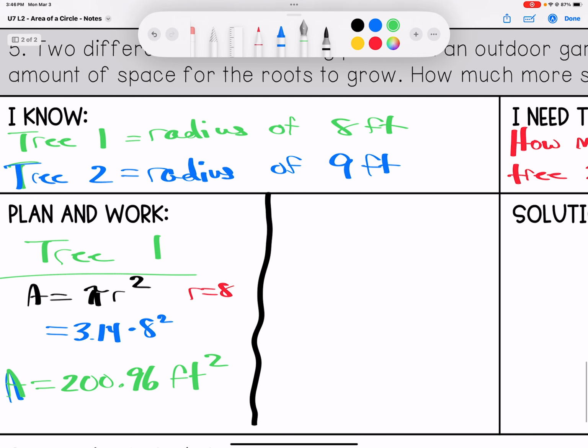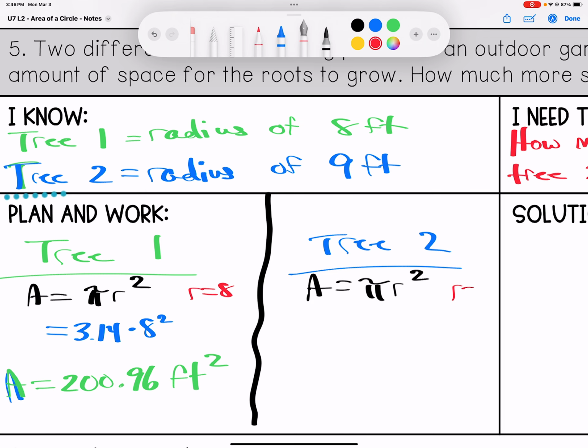All right, tree 2, same formula, nothing's changed with the formula, except this time the radius was 9. Now you're just going to solve it just like you did.